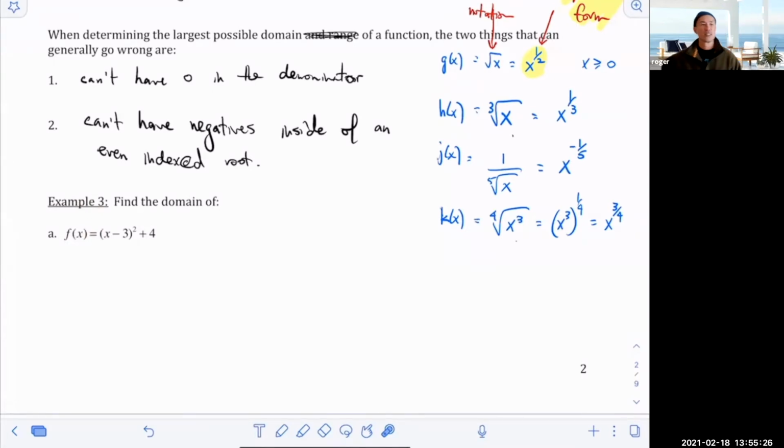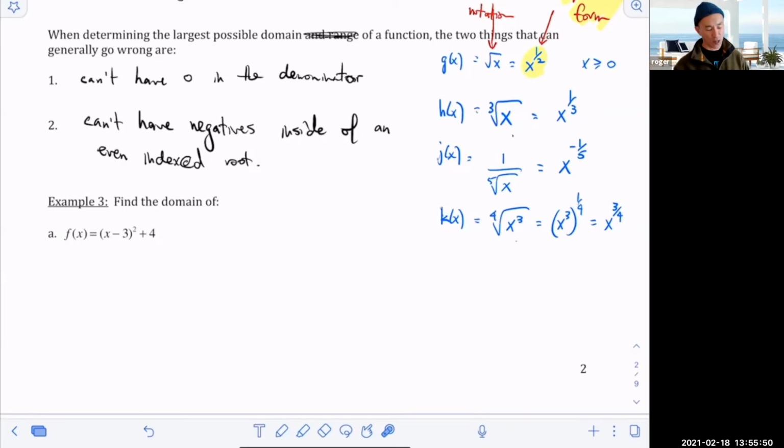Well, what did I just say? I just said there's only 2 things that can go wrong. Do we have a 0 in the denominator? In this case, there is no denominator. It's not an issue. Second question, do we have a negative under an even indexed root? There are no square roots here, so nothing can go wrong.